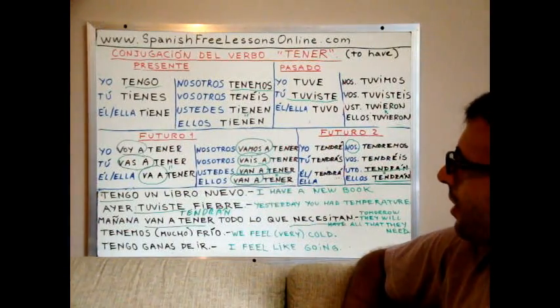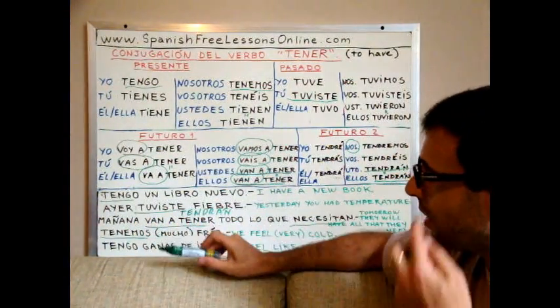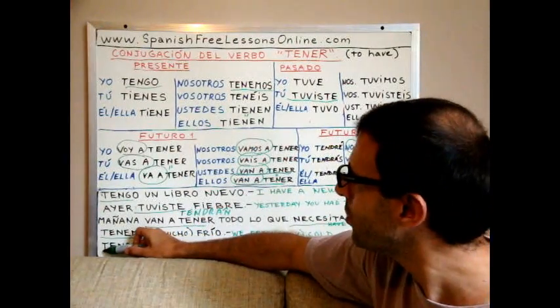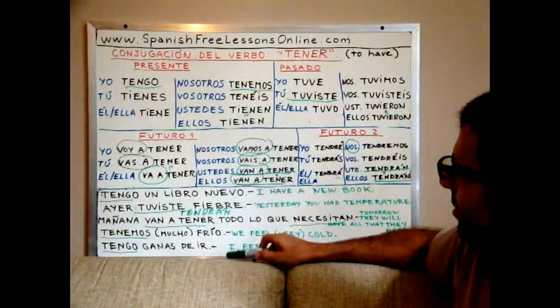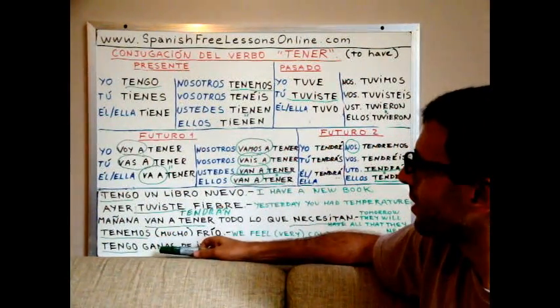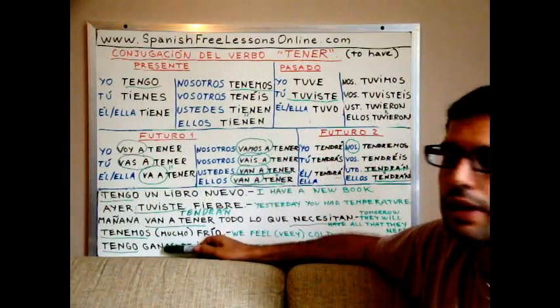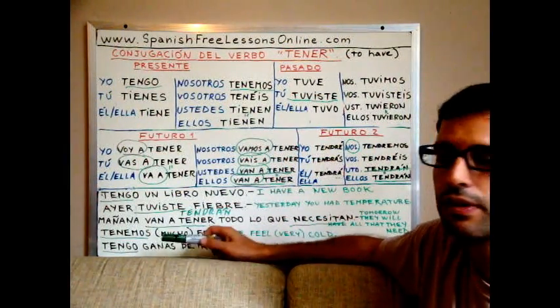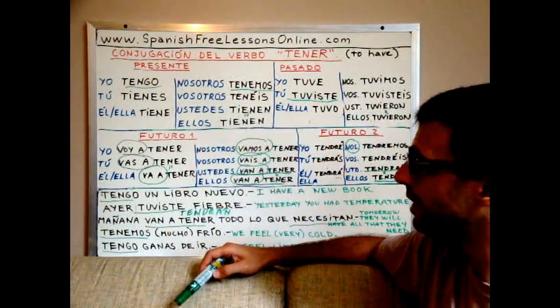And the other example, sorry, let me underline tenemos. The other example is tengo ganas de ir. I feel like going. Ganas literally means desire or will of doing something, right?